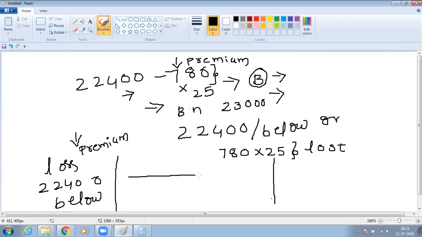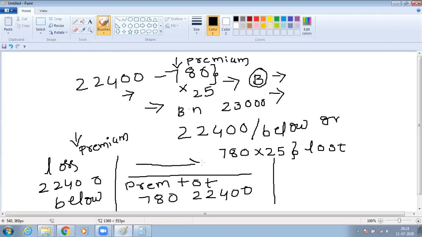And this is your premium plus strike price. How much? 22,400, 780. In this zone, your loss is going to minimize, because suppose 100 points it has increased, then what happens? Even though bank nifty is now at 22,500, B has agreed to sell at 22,400, right?